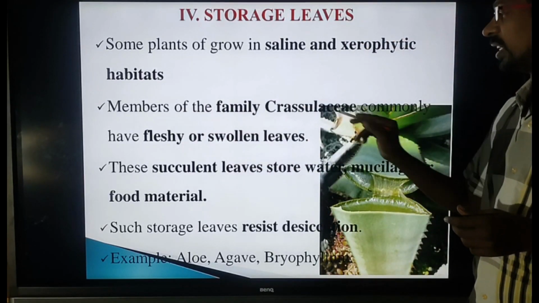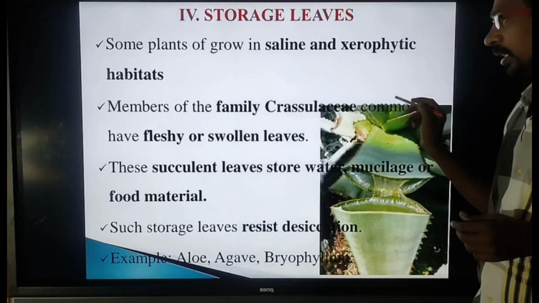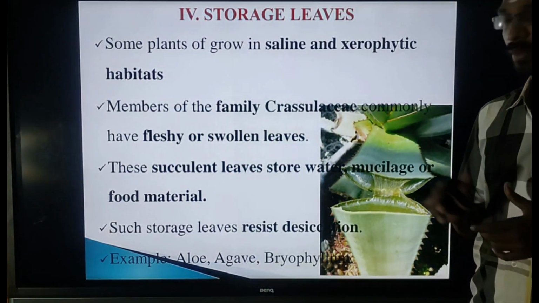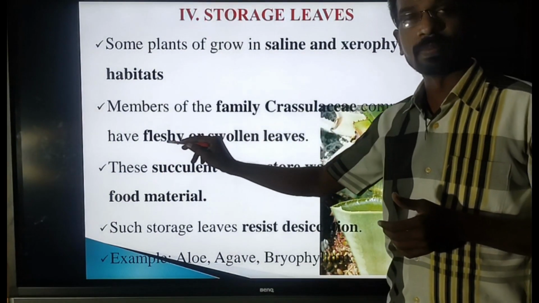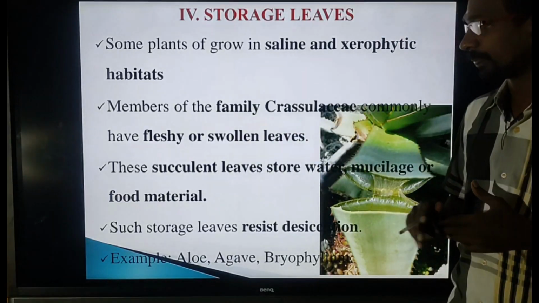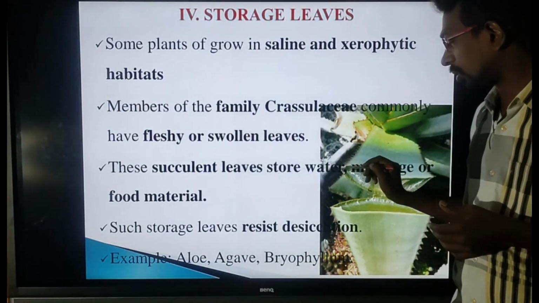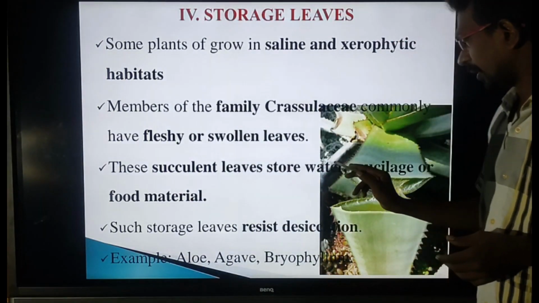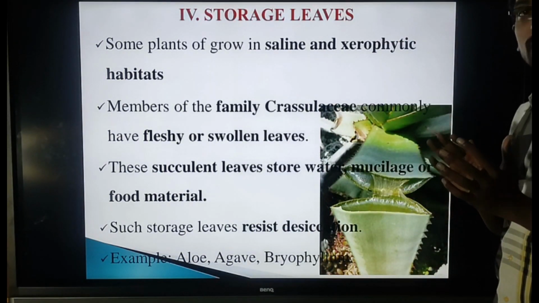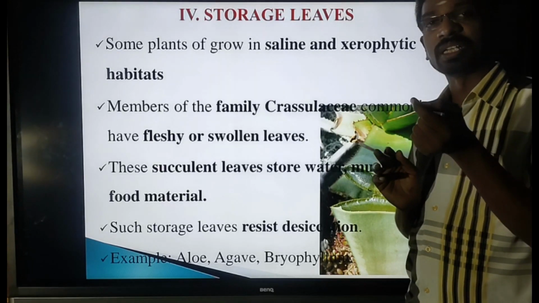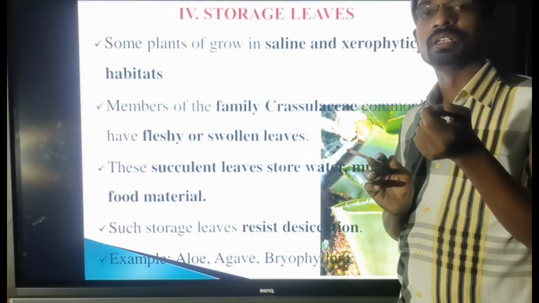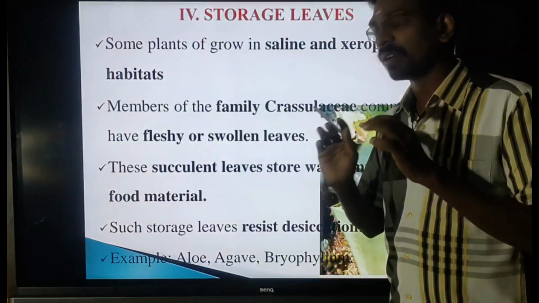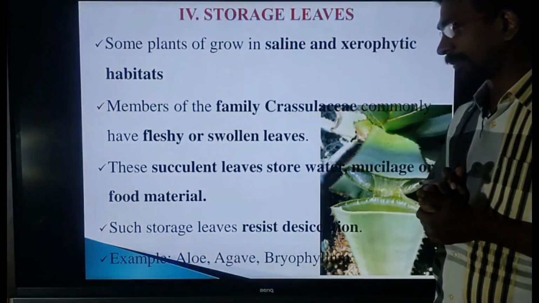Members of the family Crassulaceae commonly have fleshy or swollen leaves. These succulent leaves store water, mucilage or food material. Mucilaginous means very sticky in nature.